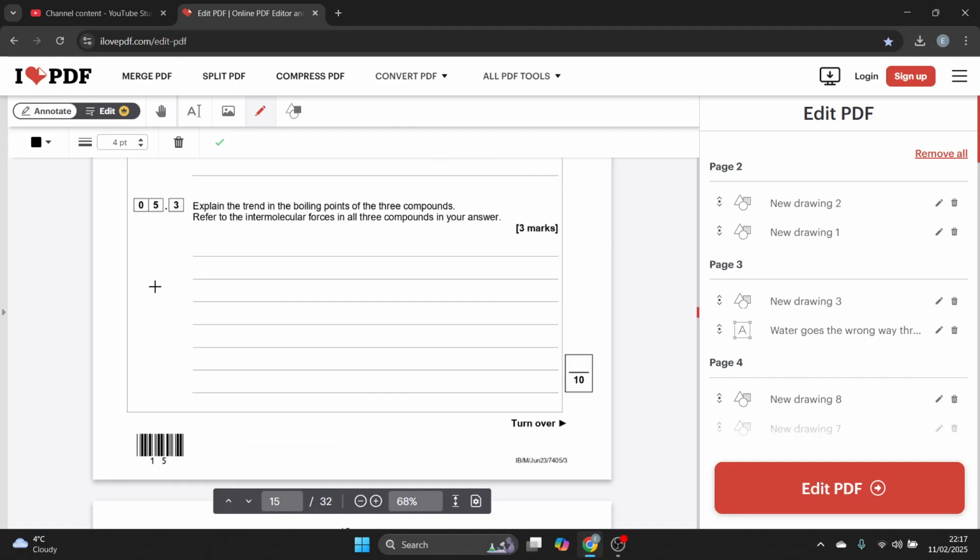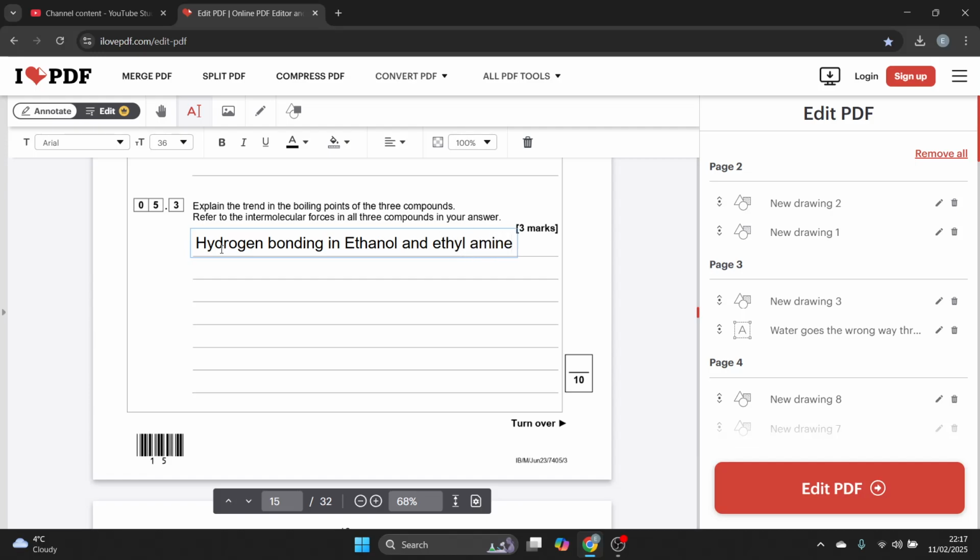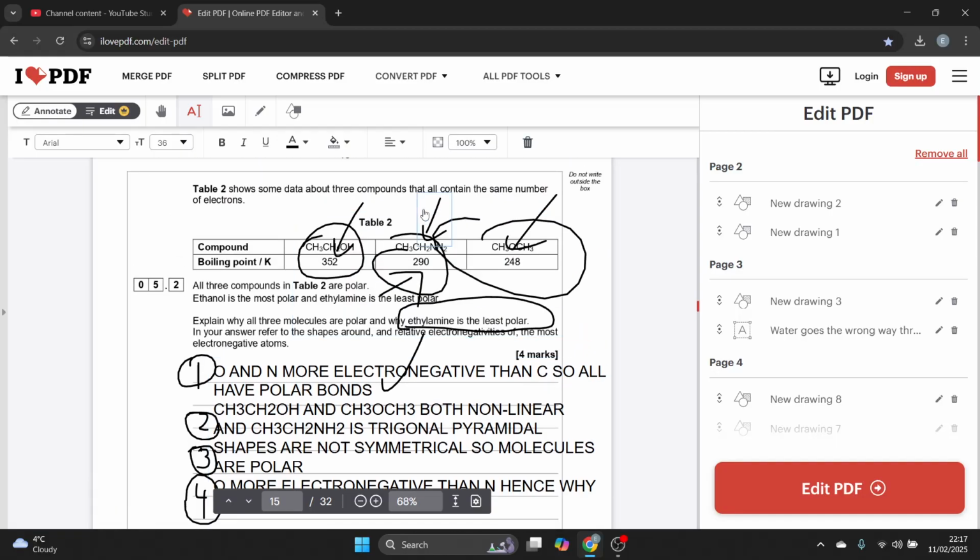So I'd say hydrogen bonding in ethanol and ethylamine, and permanent dipole forces in CH3COCH3.